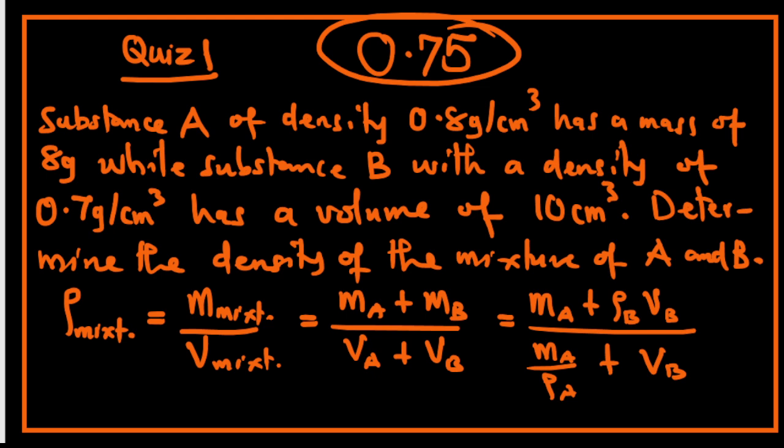So this is a particular question we solved in the last class, which we got 0.75 by finding the density of the mixture. So if you missed the last class, please just check the video of the recorded class.